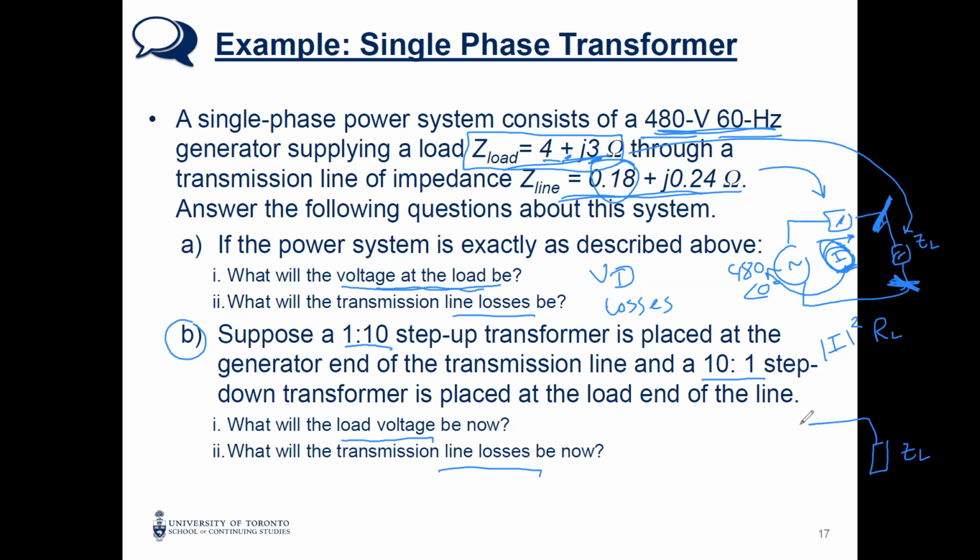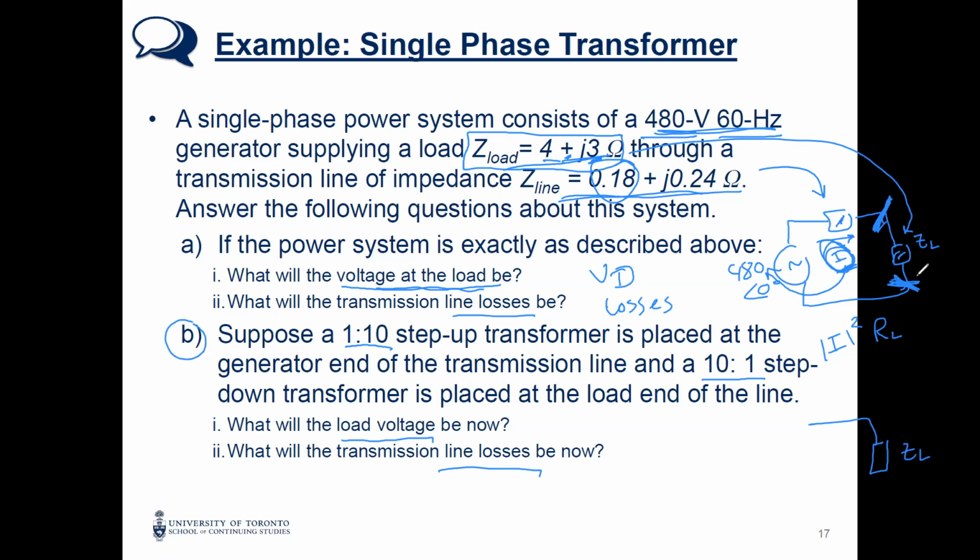Sorry, a question. Sorry to interrupt. Yes, please, go ahead. A basic question, but what would be the result if, for the loss, we say current multiplied by RL, but if we multiply it by the whole impedance, what would be the result?